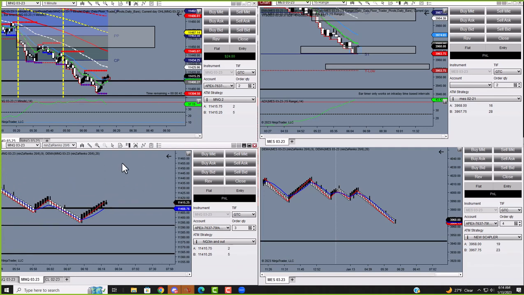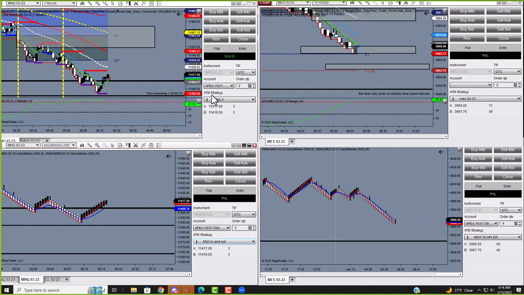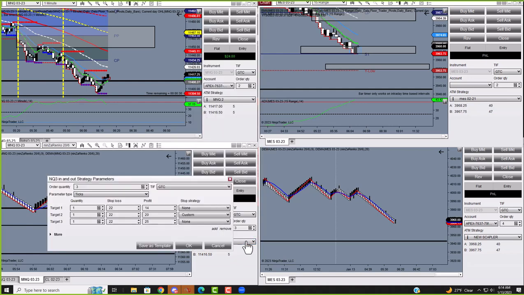What's the ATM on those again? I have two ATMs. One is supposed to be 2 contracts. Screenshot this. You can run 20 ticks and 22 ticks, but 14, 20, and 25. Now what's that second target?